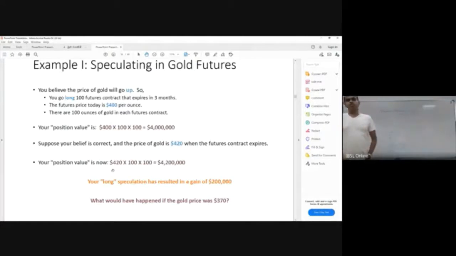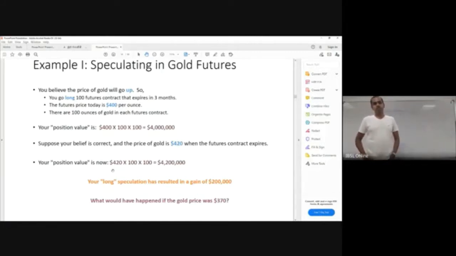Example 1: if you believe the price of gold will go up, you go long 100 futures contracts that expire in 3 months, right? So the futures price today is $400 an ounce. There are 100 ounces of gold in each futures contract. Sorry, 100 ounces.